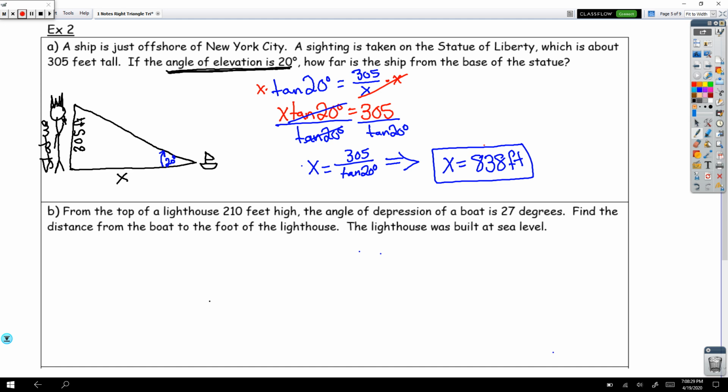So, lighthouse. Let's see how nice I can draw this. So there's my lighthouse. Not too shabby.